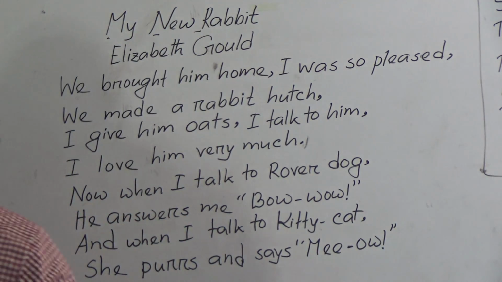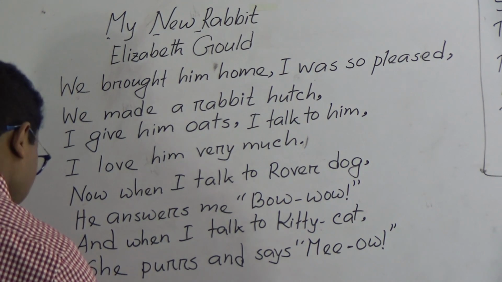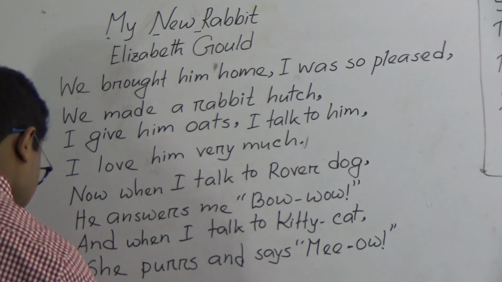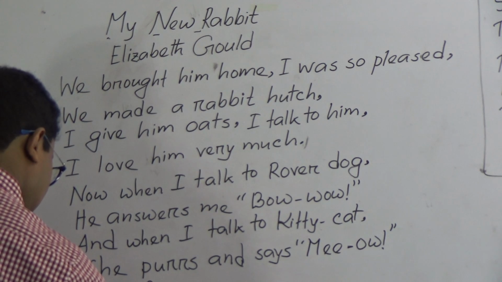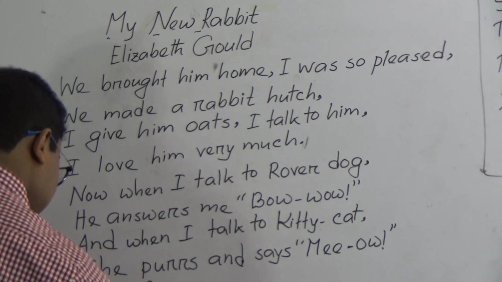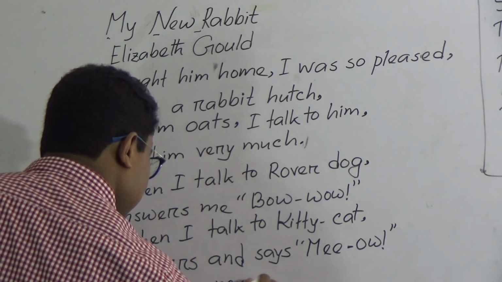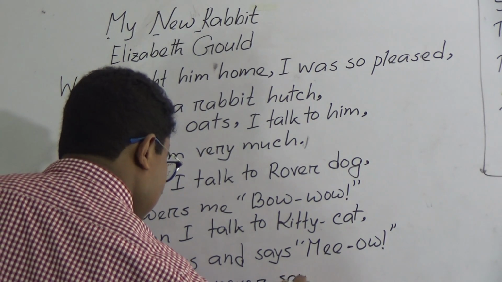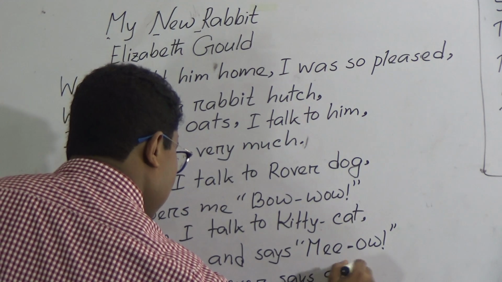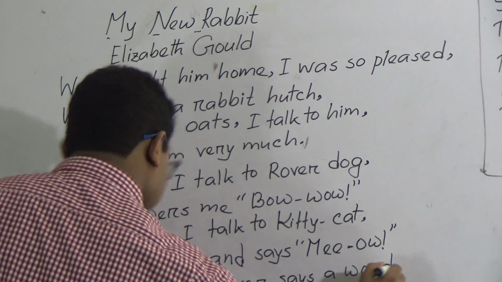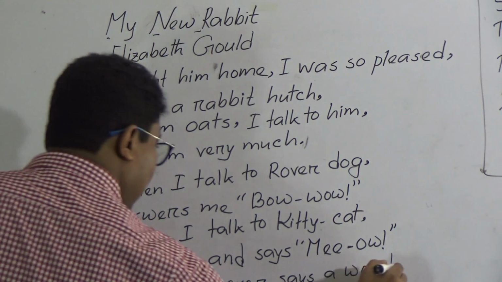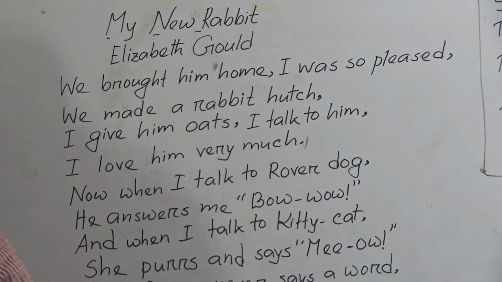Next one, but Bunny never says a word. Bunny is the name, so B will be capital. Bunny never says a word, comma. Next one is just twinkles with his nose.